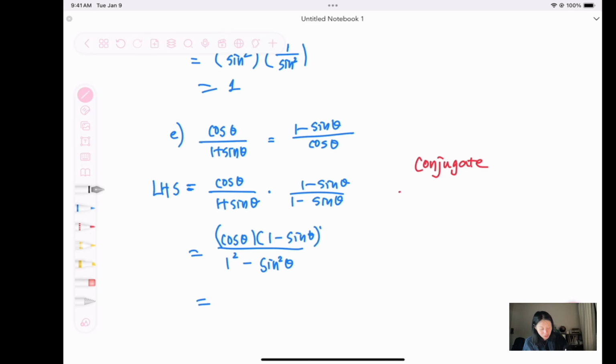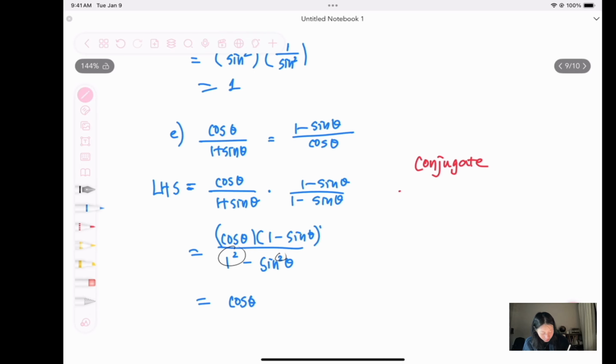When you see a square or a 1, you should think about, okay, this is going to be cosine squared theta plus sine squared theta, right? And at the top will be the same, cosine times 1 minus sine theta.